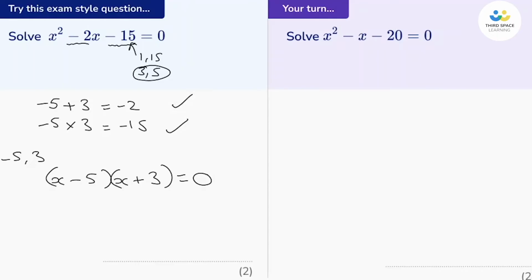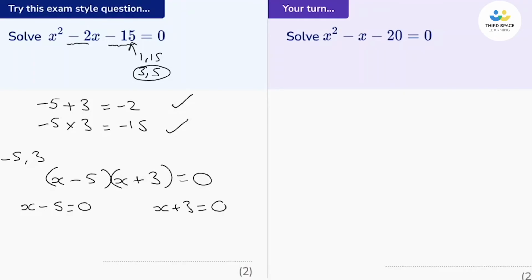Now we need to solve it. So we've got here two brackets that are being multiplied together to give 0. So when we have two things that are multiplied to give 0, one of them must be 0. Well, that means that either x minus 5 is 0 or x plus 3 is 0.